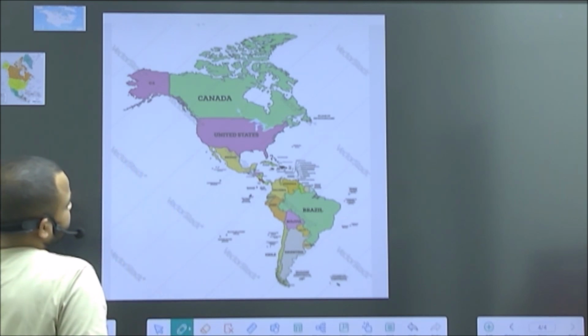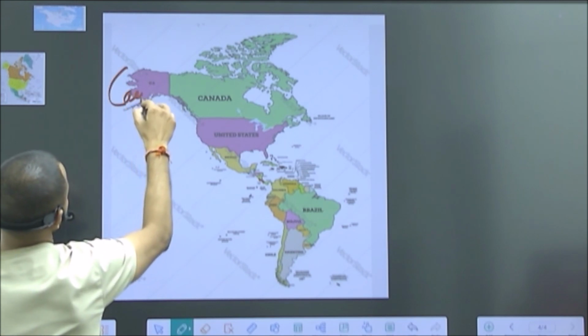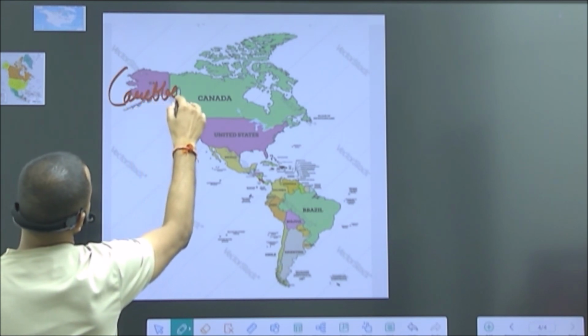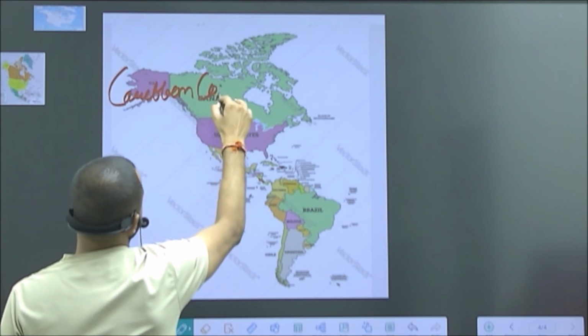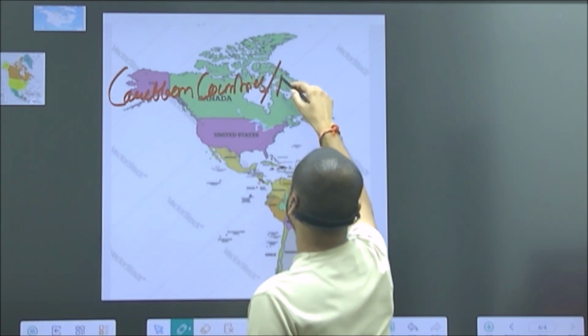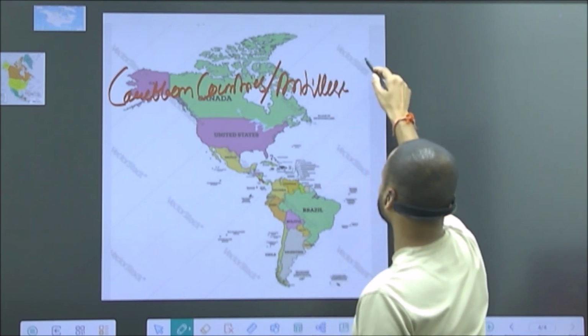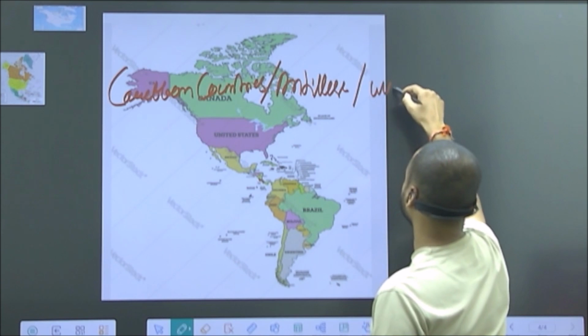Now next are the Caribbean countries, also called Antilles, also called West Indies.